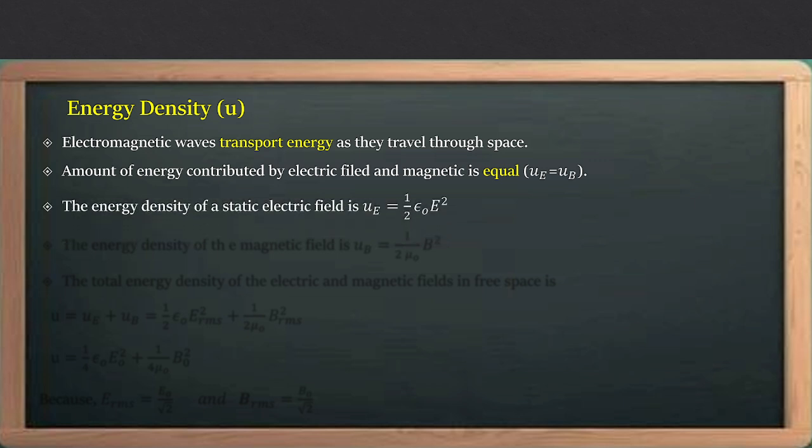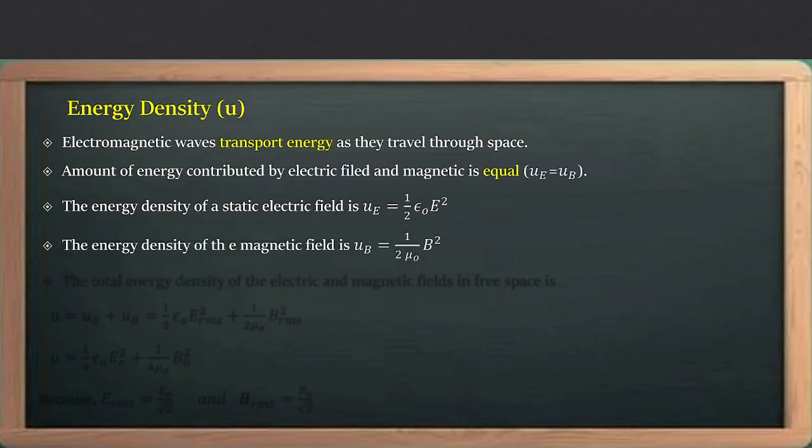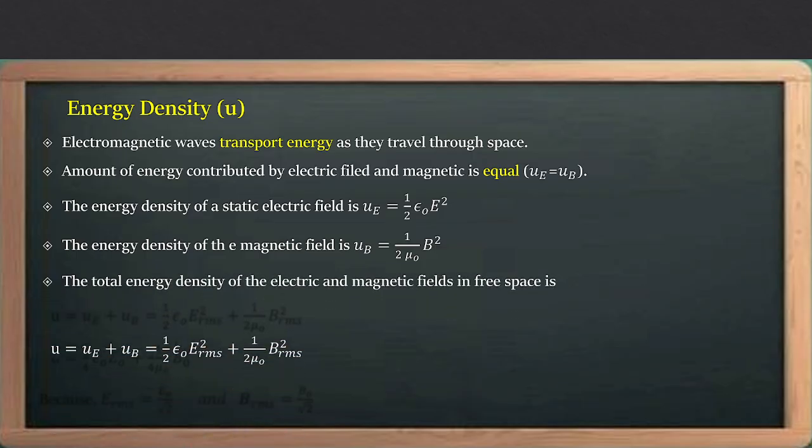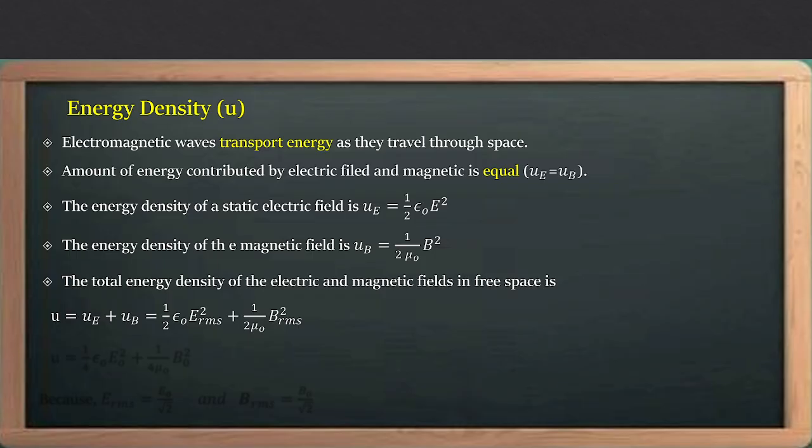Now, next we have energy density of electromagnetic waves. Electric field energy density is given by 1 divided by 2 epsilon naught E square, and magnetic field energy density is given by 1 divided by 2 mu naught B square. When you add them, the total energy density of electric and magnetic fields is given by this formula, that is 1 by 2 epsilon naught E RMS square plus 1 by 2 mu naught B RMS square.